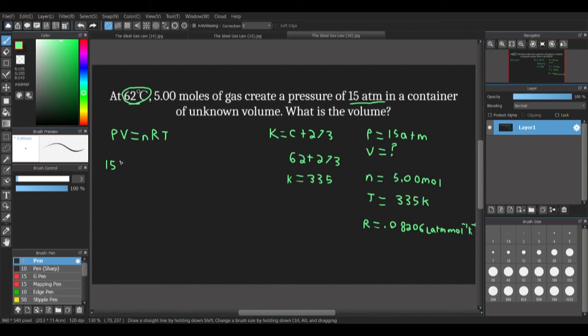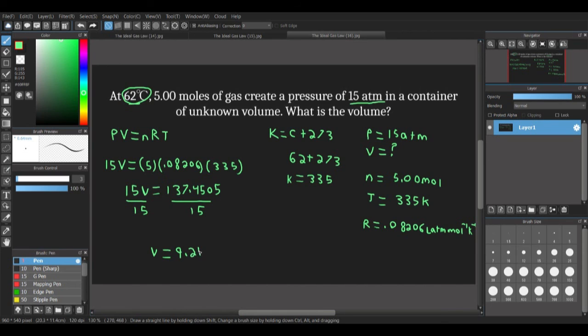So we have 15 times V, or our volume, is equal to 5 multiplied by 0.08206 multiplied by 335. And that gives us 15V is equal to 137.4505. And our final step to get our volume is to divide by 15. And that gives us that our volume is equal to 9.2 liters. And we're going to leave it at two significant figures. So that is our final answer.